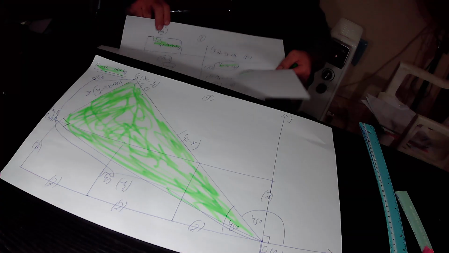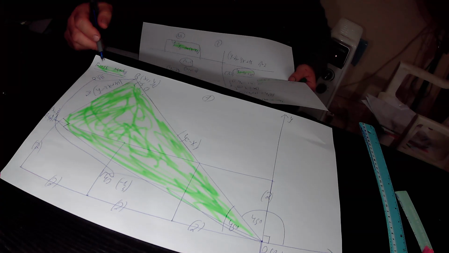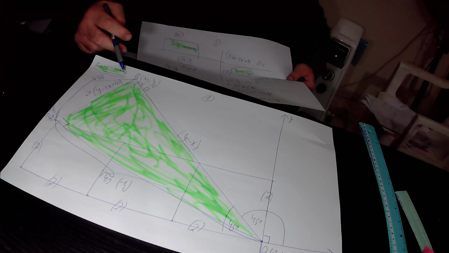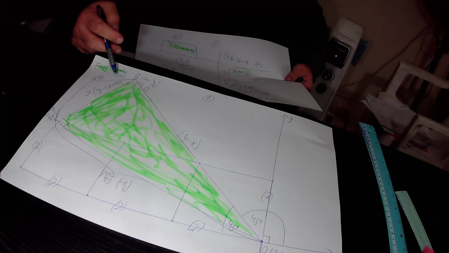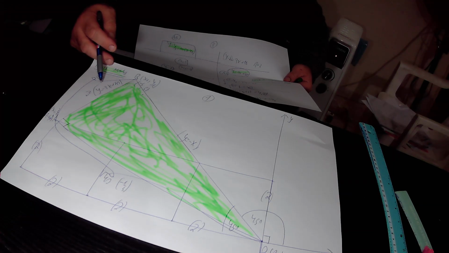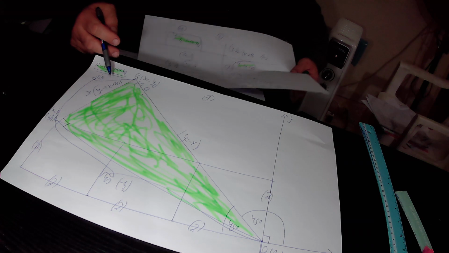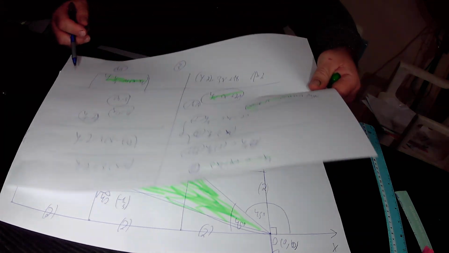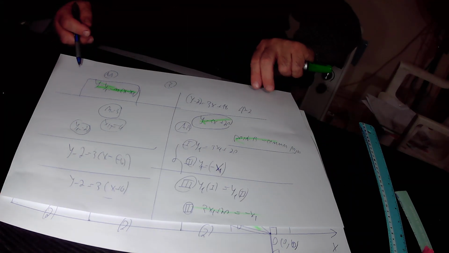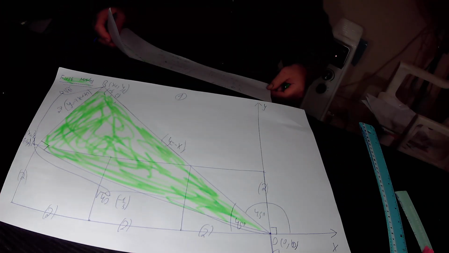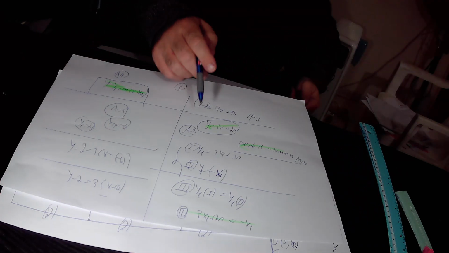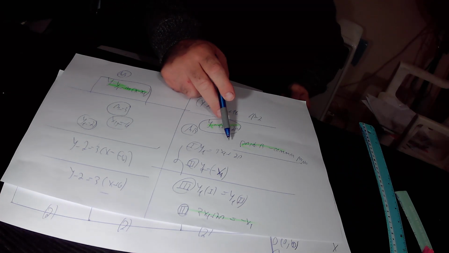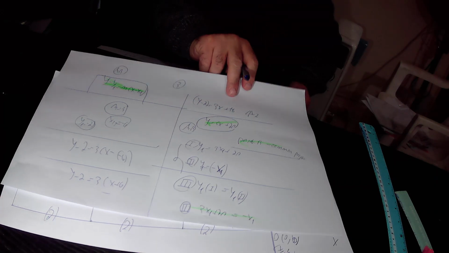So we have point B satisfying this equation of the straight line AB. So we substitute y by y1 and x by x1, and found out that according to equation 1, y1 equals 3x1 plus 20.